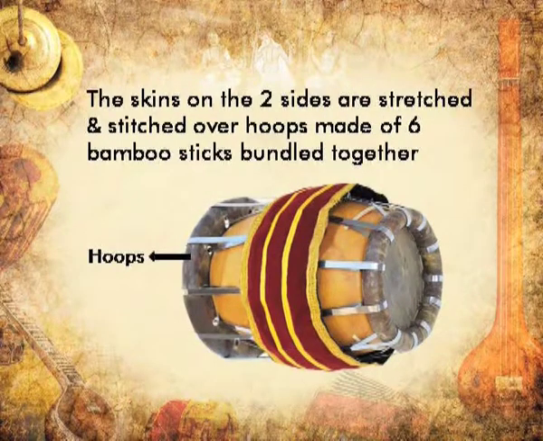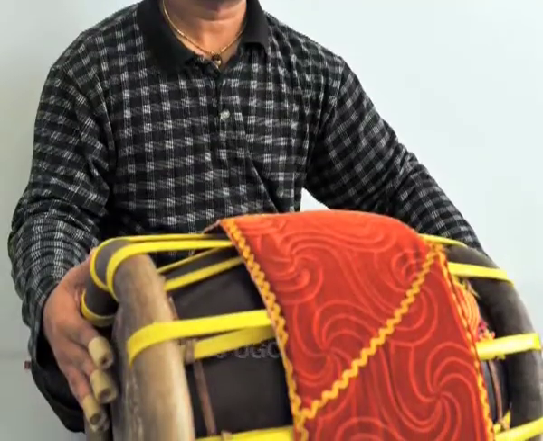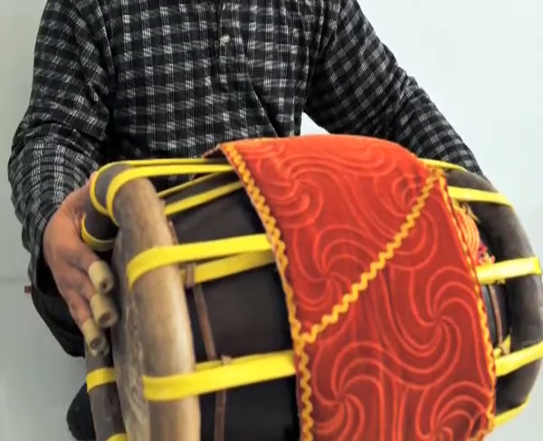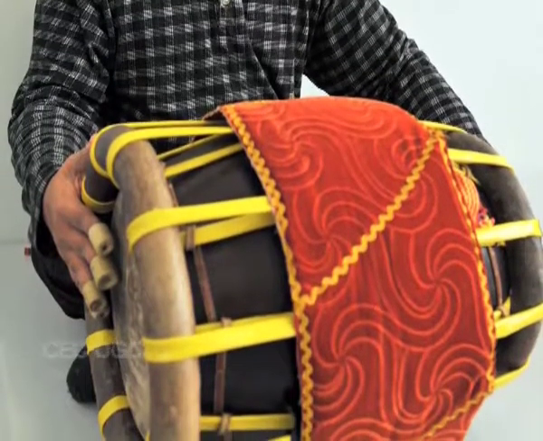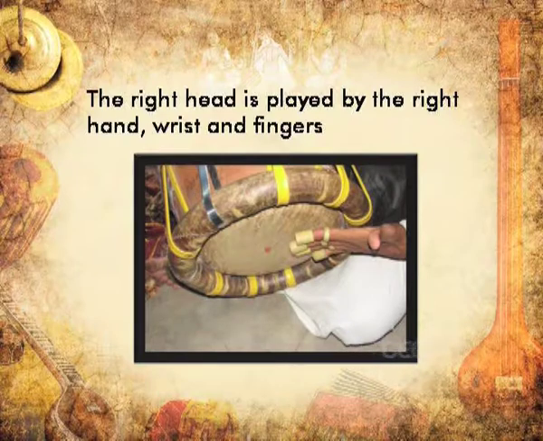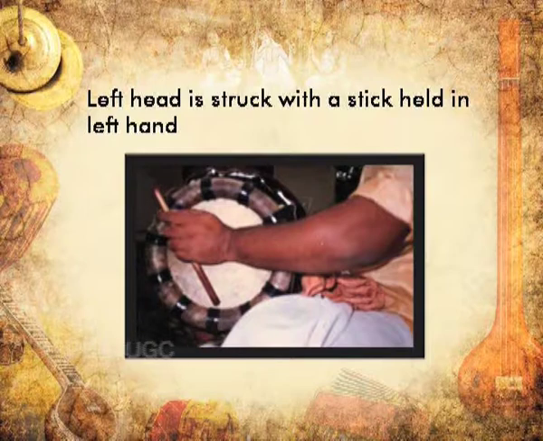The skins on the 2 sides are stretched and stitched over hoops made of 6 bamboo sticks bundled together. These hoops are fastened to the shell by means of leather thongs interlaced. The right head is played by the right hand, wrist and fingers, and the left head is struck with a stick held in the left hand.